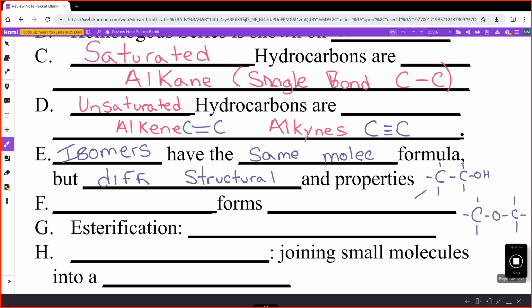Three organic reactions that are worth talking about. There are more than three, but these three are definitely the most common and worthy of talking about. One of them is fermentation.